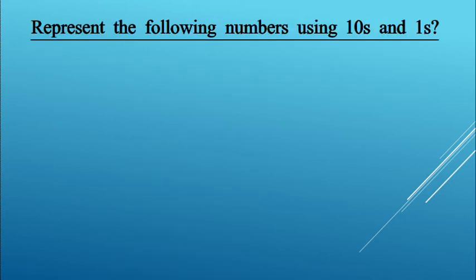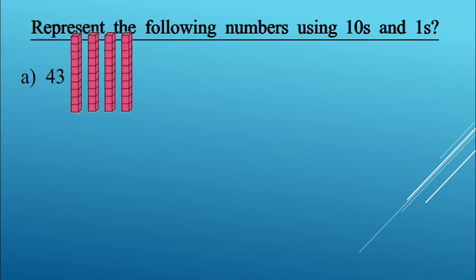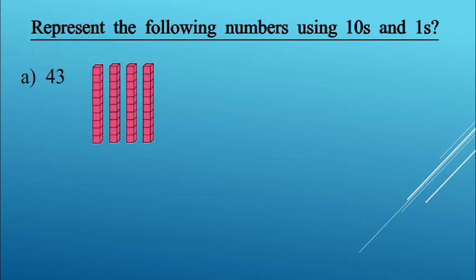Let me explain another example of representing the following numbers using tens and ones. A. 43. 43 has 4 counters of tens and 3 counters of single ones.